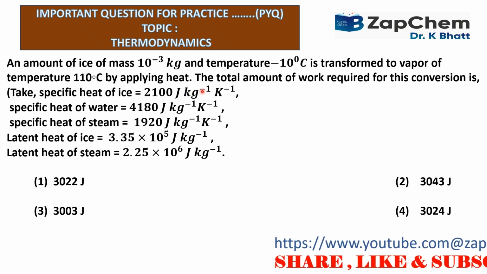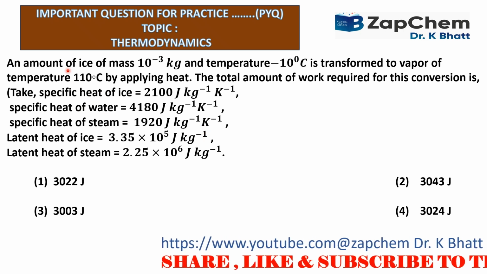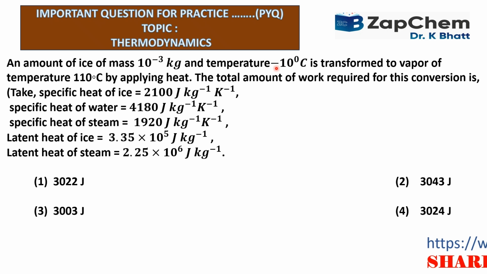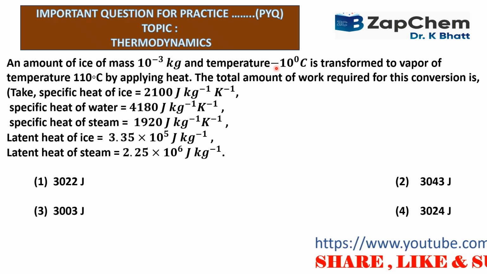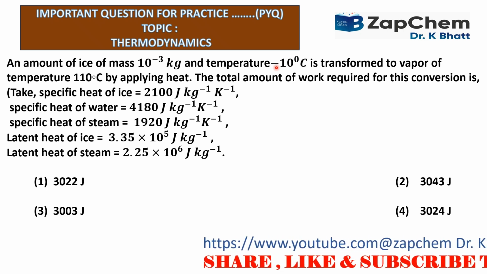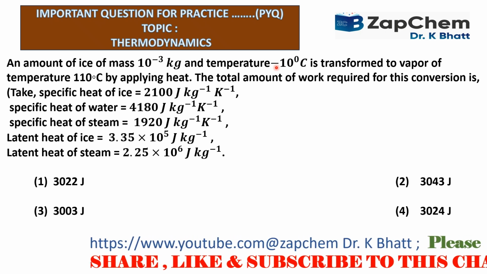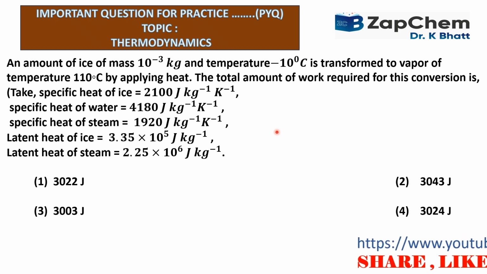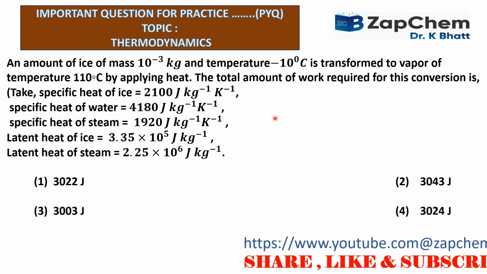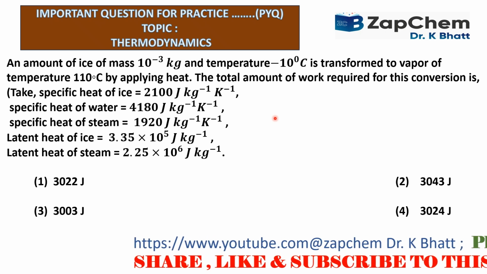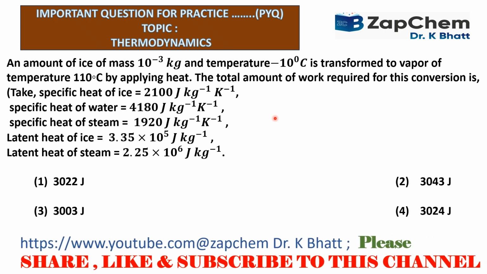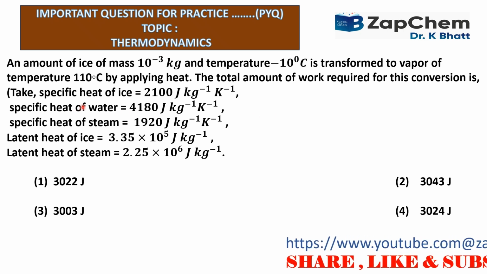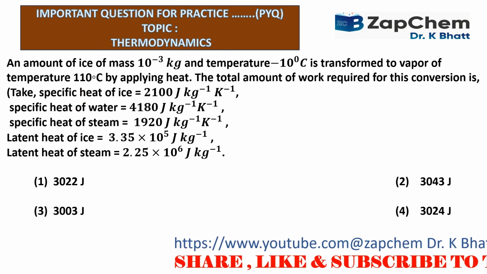Naturally, when heat is applied to an ice which is not even at 0 degrees Celsius, but is at minus 10 degrees Celsius, we need to consider the various heat changes when ice is transformed from minus 10 degrees Celsius to a vapor at 110 degrees Celsius.